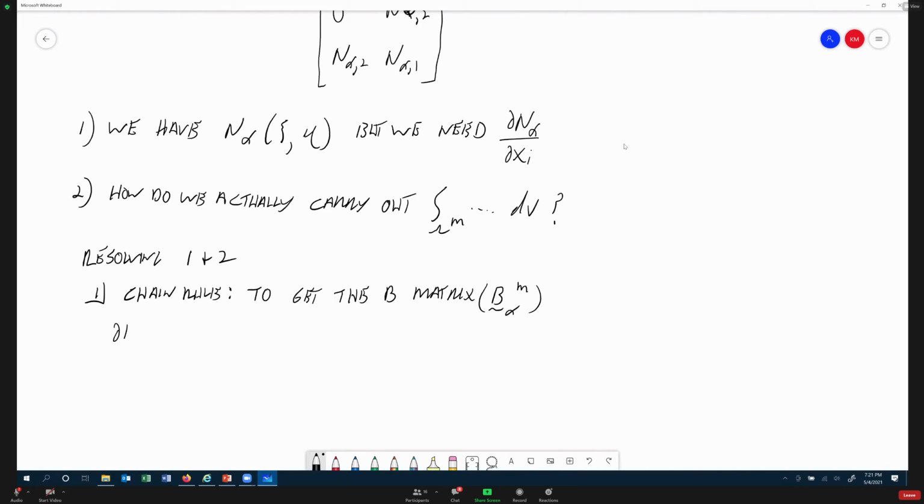So we're going to say the partial of n alpha with regards to x_i is equal to the partial of n alpha with respect to psi, d psi d x_i, plus partial of n alpha with respect to nu, d nu d x_i, where i is equal to 1 and 2.